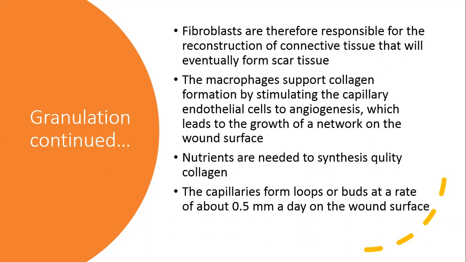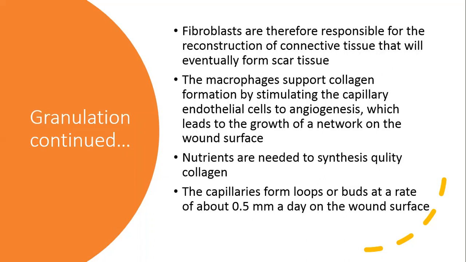Fibroblasts are therefore responsible for the reconstruction of connective tissue that will eventually form our scar tissue. The macrophages, or the Pac-Man, support the collagen formation by stimulating the capillary endothelial cells to angioneogenesis, which leads to the growth of a network on the wound surface. Why?